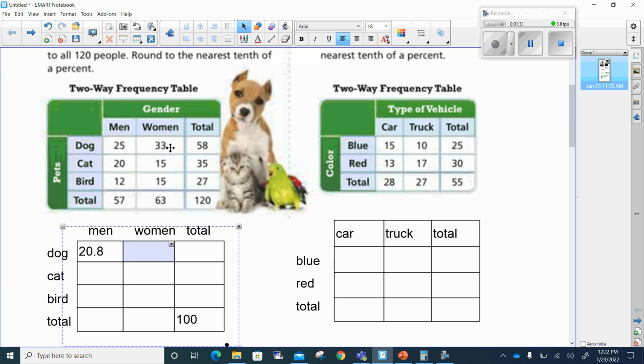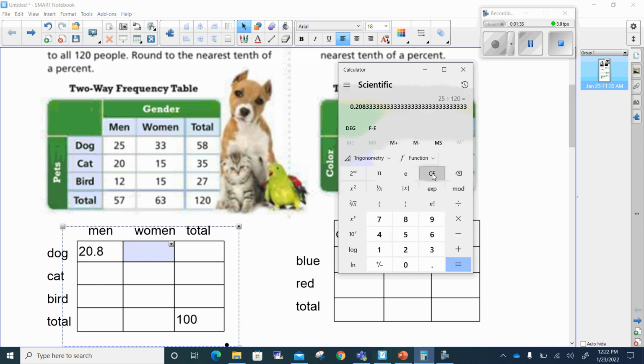Next, we have 33, so it'll be 33 divided by 120. That would be 27.5. Remember, we have to move the decimal over twice to make it a percent.